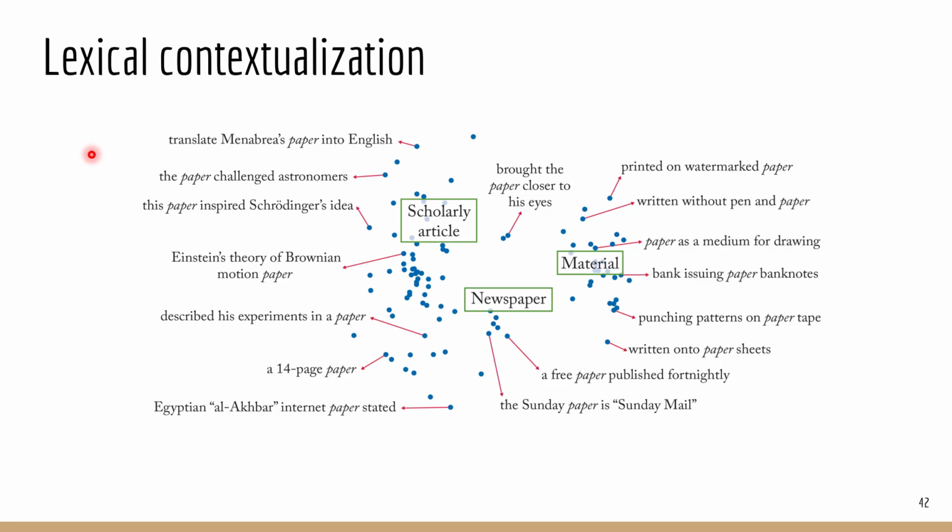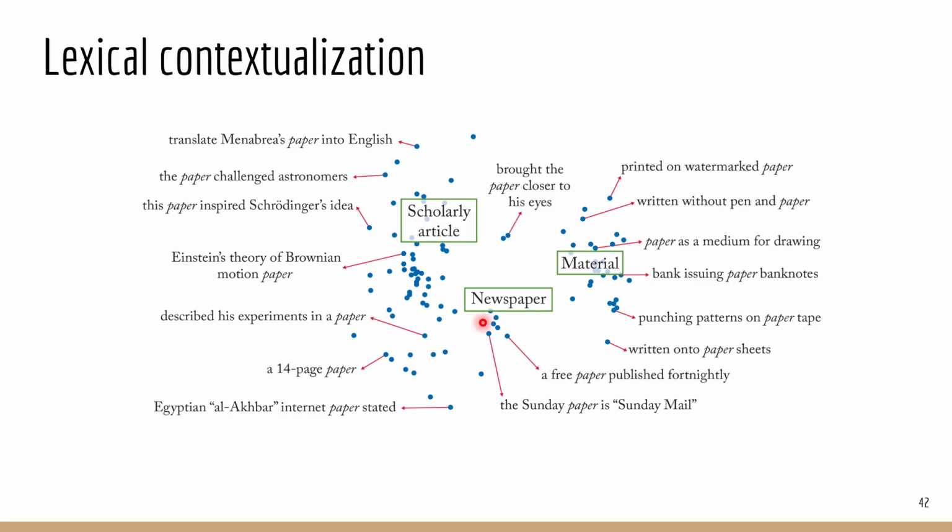So here you can see a visualization of contextualized embeddings for the word paper. And as you can see clearly, the different usages of the word are clustered in different subspaces of the space. So for example, here we have sentences that use the word paper as a material, like written without pen and paper, or paper as a medium for drawing.